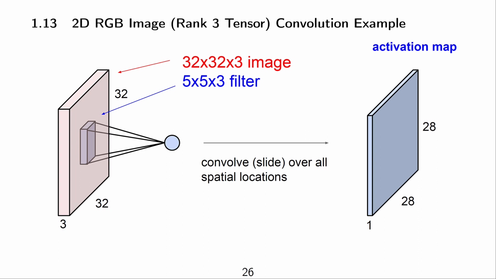Let's also think about how many values I would have to use if I wanted to compute the fully connected layer that has that many inputs and that many outputs. Here you would need 3 times 32 times 32 plus 1 weights for each of these output pixels.